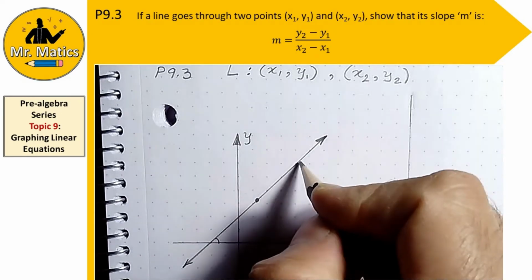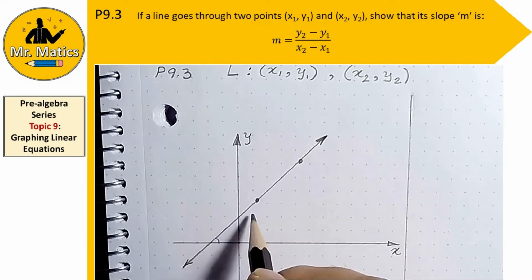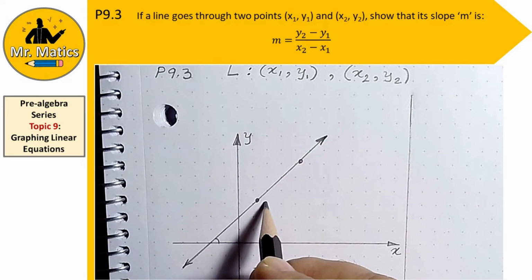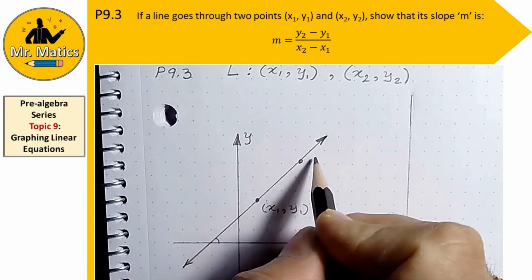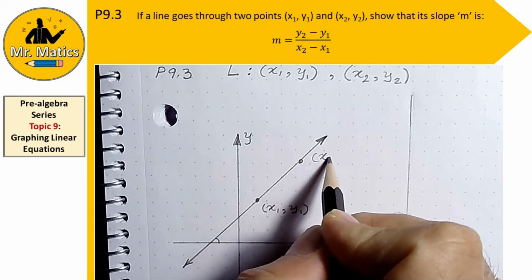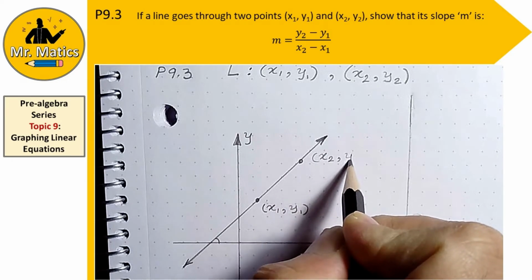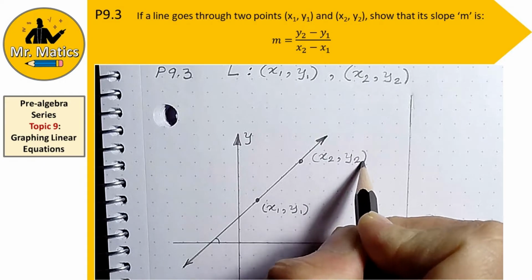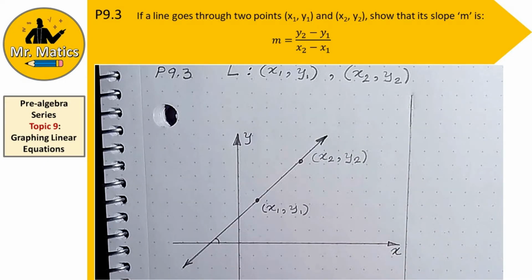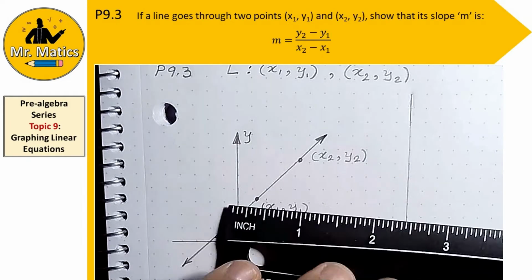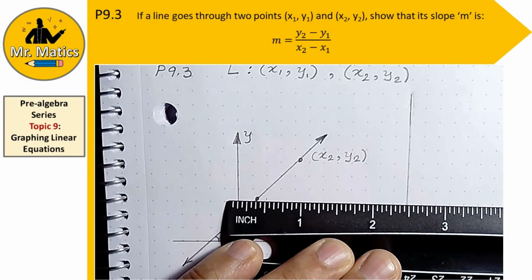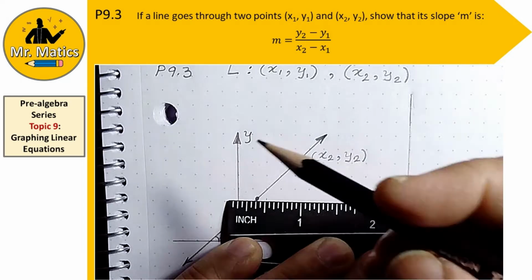Select any 2 points here. Let's call it x1 comma y1 and x2 comma y2. So here we see the rise will be this much. So let's draw the rise and the run here.